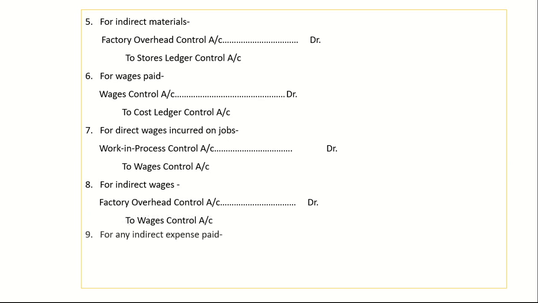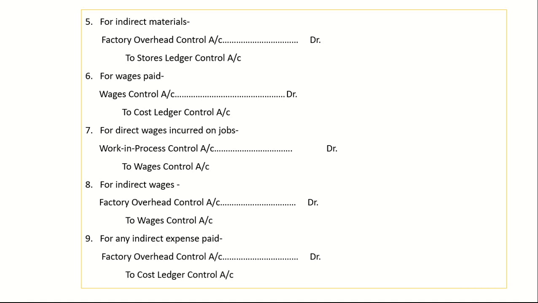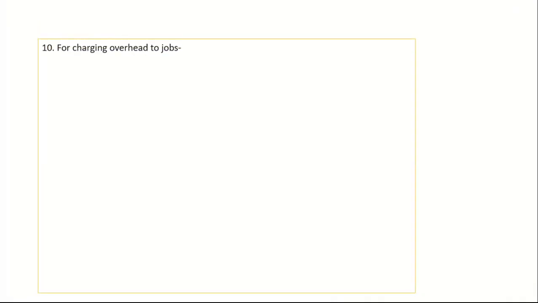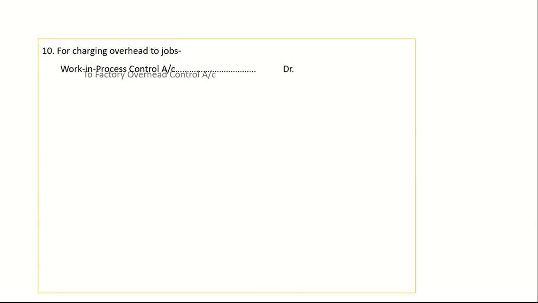9. For any indirect expense paid. Factory overhead control account, debit. To cost ledger control account. 10. For charging overhead to jobs. Work in process control account, debit. To factory overhead control account. 11.